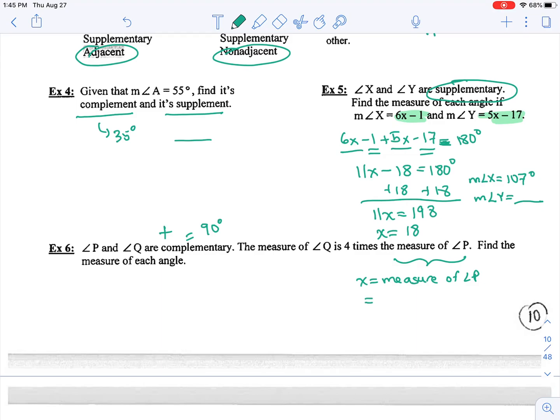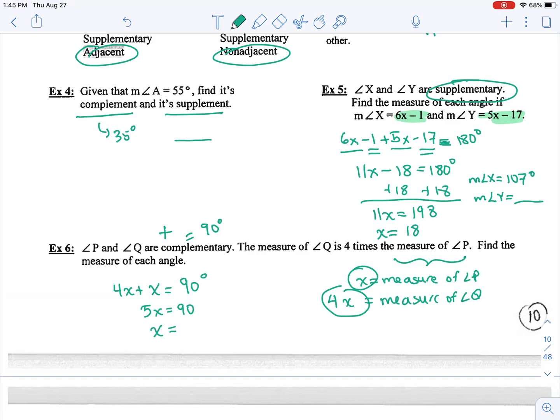The expression for the measure of angle Q is 4 times the measure of P, which is x, so 4x. These two expressions add up to 90 degrees. So if I write my equation, I take 4x plus x and set it equal to 90 degrees. 4x plus x is 5x equals 90 degrees.